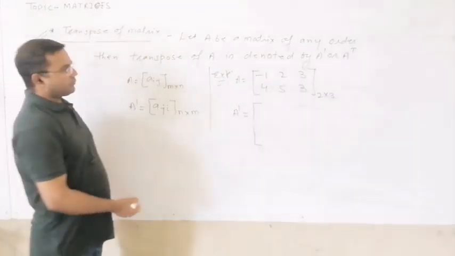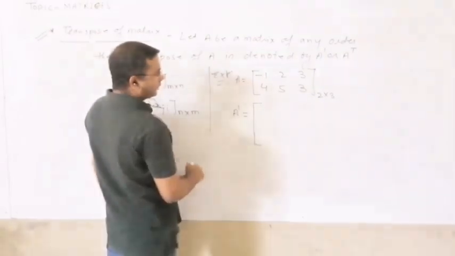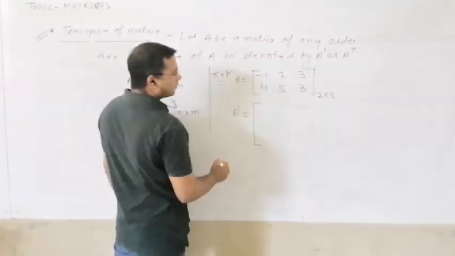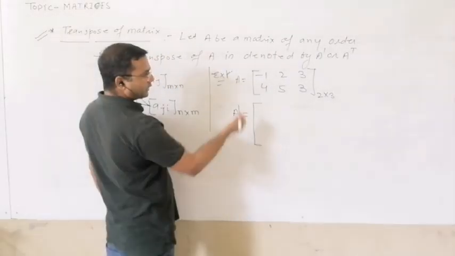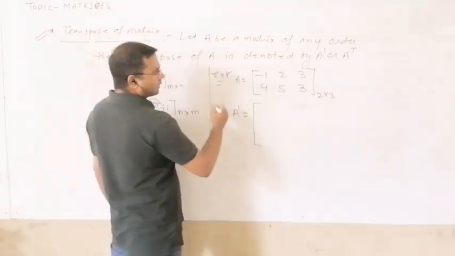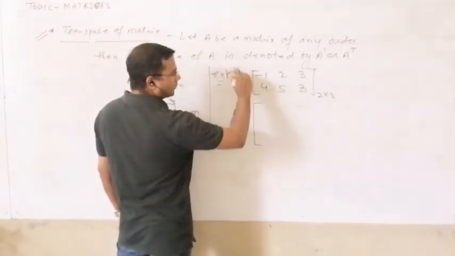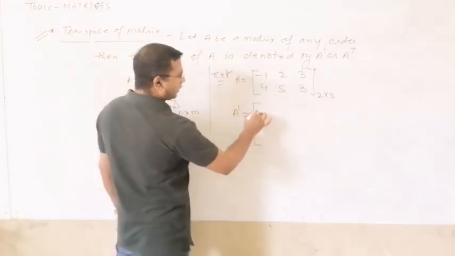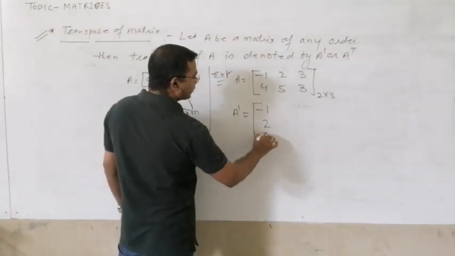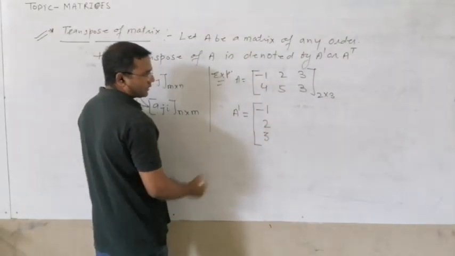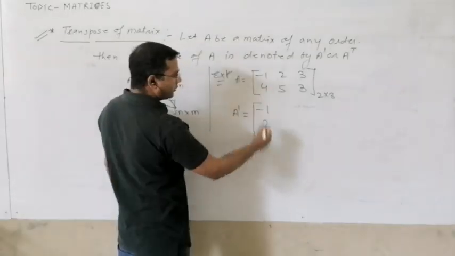See, we will have to change the row into column. So R1 we will change into C1. On the place of R1, now R1 we will convert into C1. So it will be -1, 2 and 3. Similarly, R2 we will convert into C2.